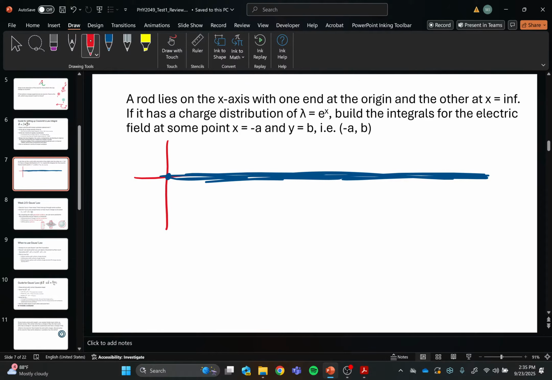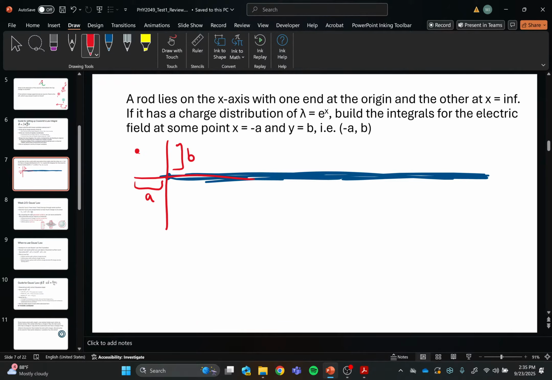The second quadrant, off to the left, and up. Some arbitrary point where my distance is A. It's negative, so it's off in that quadrant, but it's just some distance A, and some height B.